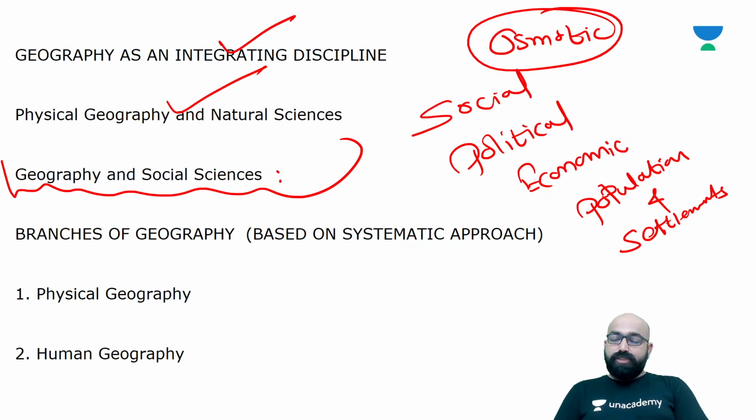So, this approach was introduced by Alexander von Humboldt, a German geographer, while the regional geography approach was developed by another German geographer and contemporary of Humboldt. The name of that geographer is Karl Ritter.